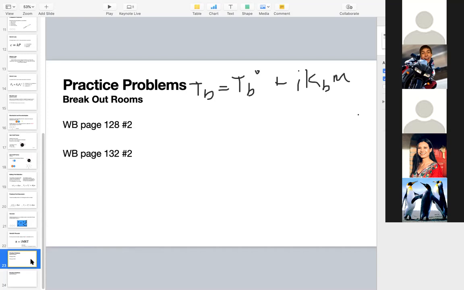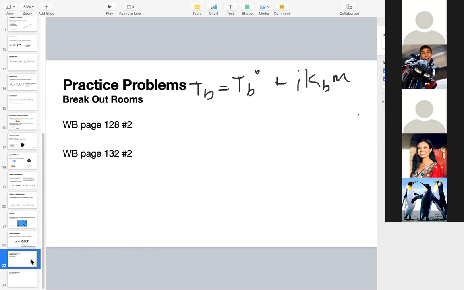From here, we could just plug in whatever is known. So what is the normal boiling point of pure water in Celsius? 100. So we could plug that in.